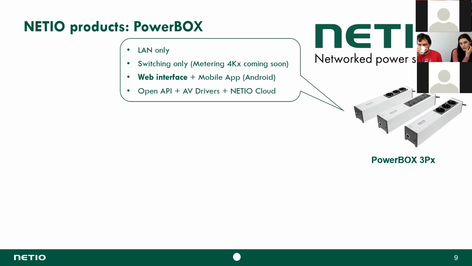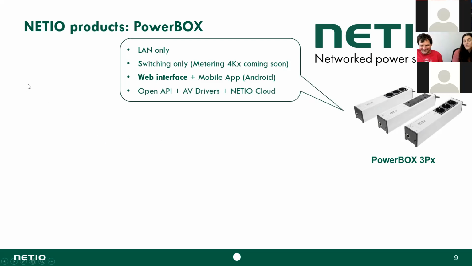There is a new product coming, we have samples already, to be available in February. It will be a PowerBox with 4 outputs, and it will also have metering. Because the PowerBox today, we have this version. You can see PowerBox 3PX has no metering on every output. So this is only a switching product, and its metering brother is coming soon.